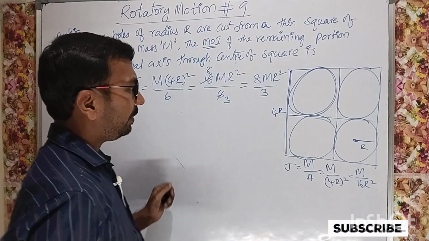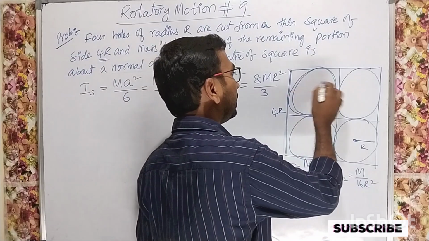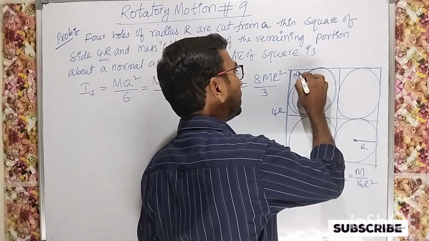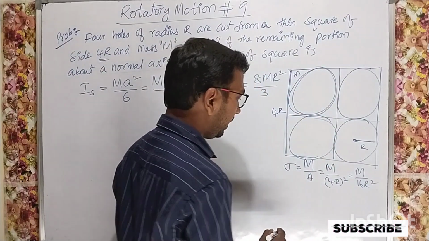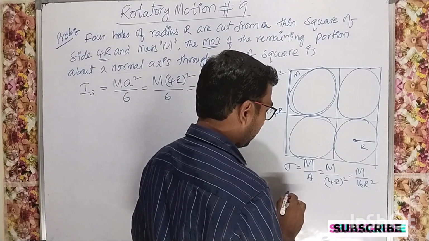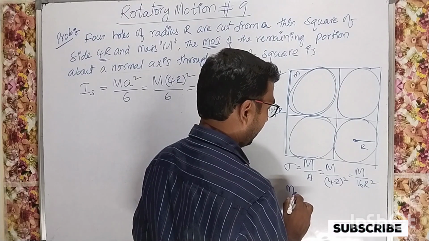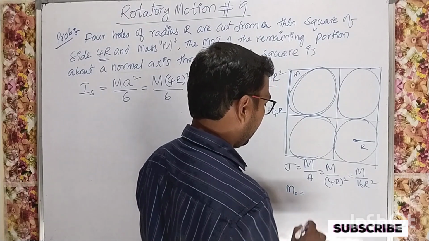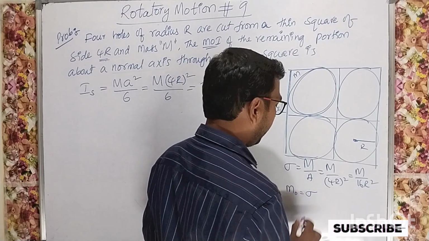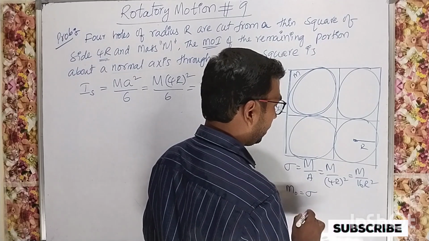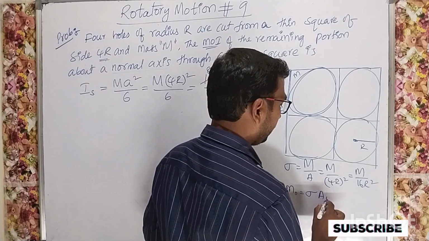I will consider the mass of the whole as small m naught. The mass of the hole m naught is equal to mass density into area of the hole.